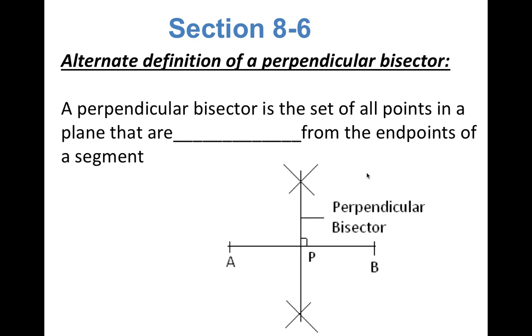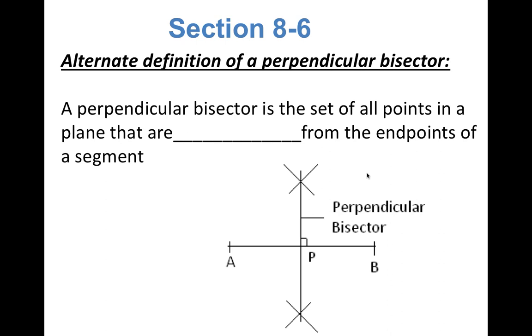There's another way that people define a perpendicular bisector, because you could define it through its consequences. A lot of textbooks define things differently than your textbook does as they build out their axiomatic ways of developing a science. Another textbook might say a perpendicular bisector is the set of all points in a plane that are what from the endpoints of a segment?